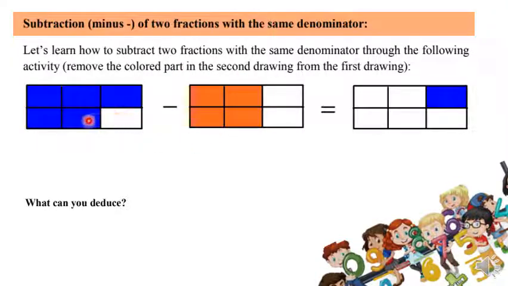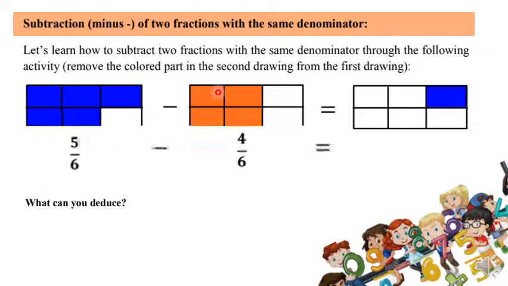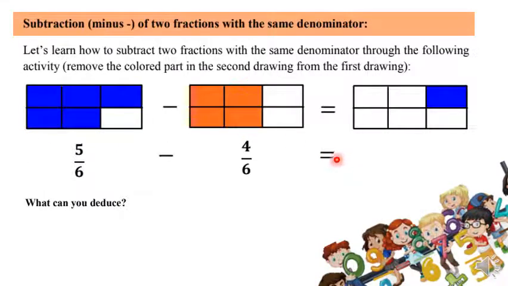So here we have 1, 2, 3, 4, 5 out of 6. We are subtracting from it 4 out of 6. So the answer is, what is the remaining colored parts? It's 1 over 6. Okay? So we remove 4 over 6 from 5 over 6. The remaining part is 1 over 6.